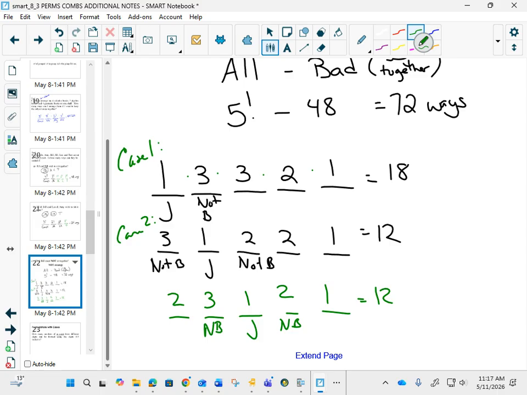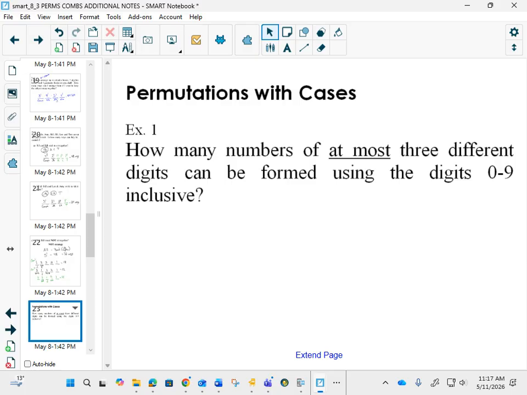But you see that this is a place where that not strategy is a lot easier. Okay? But we're going to get some places where we have to count things in cases. And this is the last permutation strategy that we're going to learn before going on to combinations. So if you cannot count things all together, you break them up into separate little things that you could count, just like Jill and Bill.